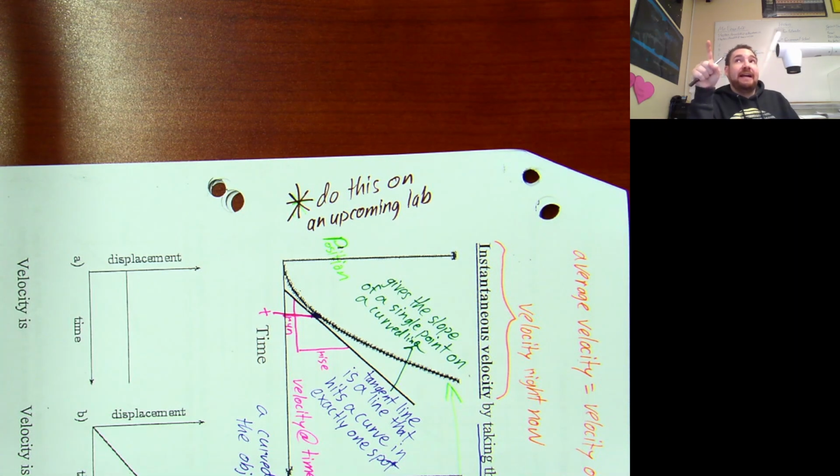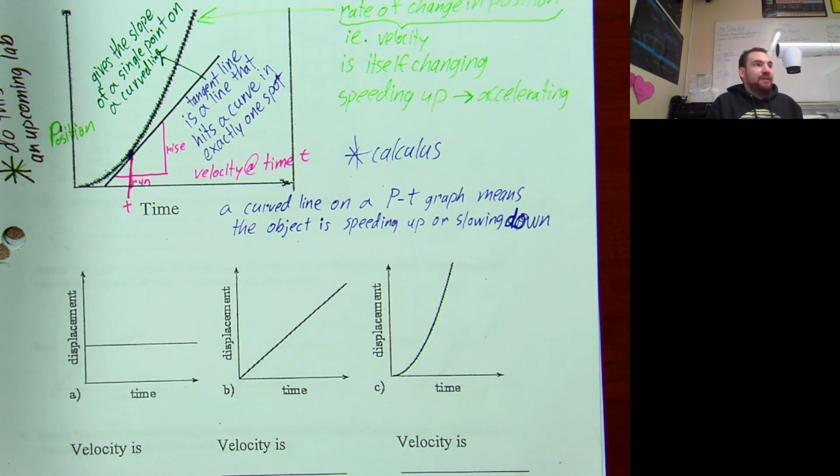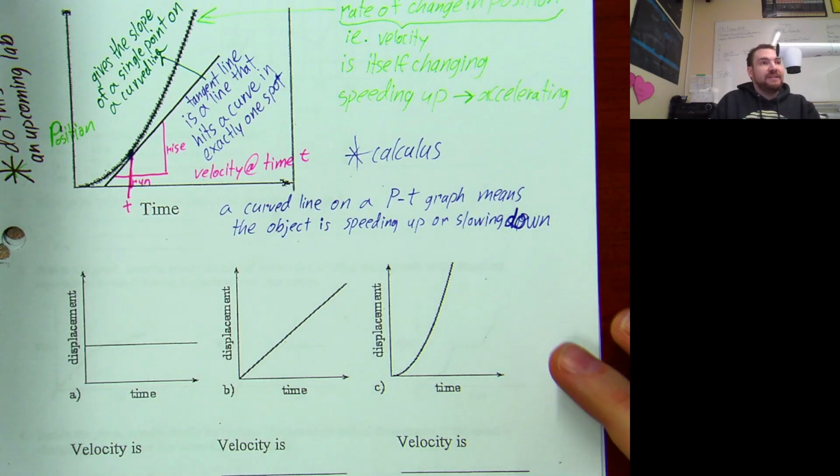And I want you to write that in here so that when we get to the lab and I say, okay, you're going to find tangent lines of this graph and it's going to give you such and such, you'll be like, what's a tangent line? I'm hoping by writing this down, you'll remember, oh yes, this little section that we talked about here, that's what I got to go back and do. So I'm really going to get you guys to practice this stuff using a lab that we've got coming up here in a little bit.